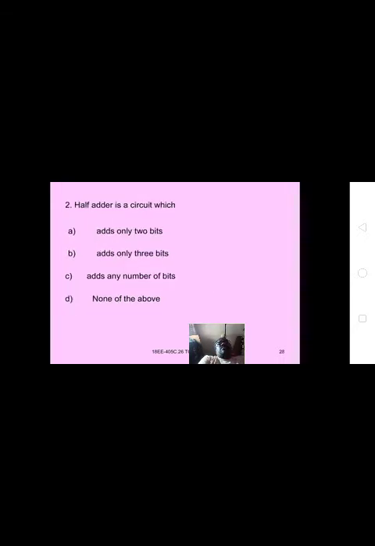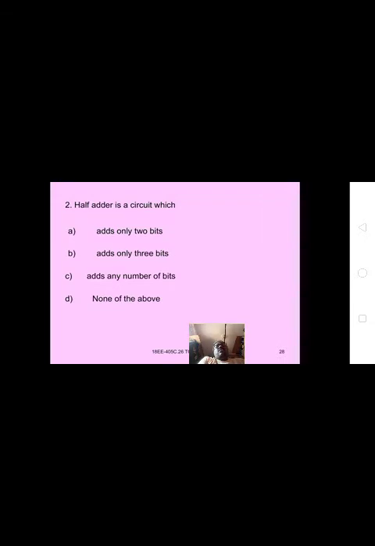Half adder is a circuit which A, adds only 2 bits, B, adds only 3 bits, C, adds any number of bits, D, none of the above. Here it adds only 2 bits.